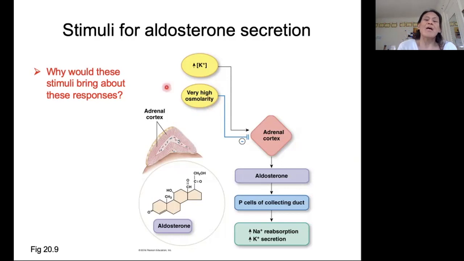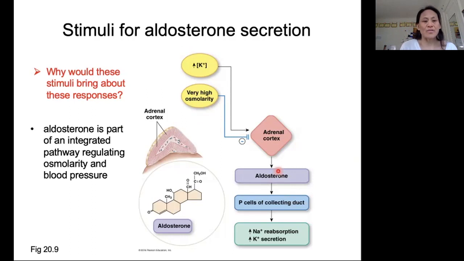Okay. So those are two of the stimuli for aldosterone secretion, but I now want to mention another main stimulus for aldosterone secretion, which is basically this integrated pathway that we have for regulating osmolarity and blood pressure in our bodies, and aldosterone is part of that pathway.